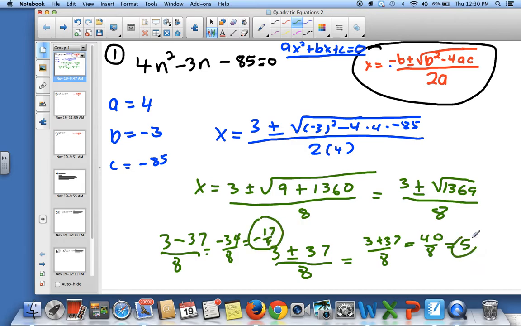Those should be the two answers. When I look at my homework, that's going to be letter C. So C would be the answer to number 1.